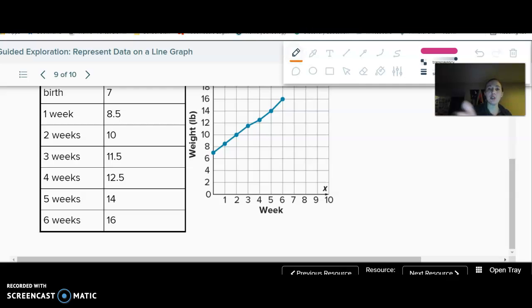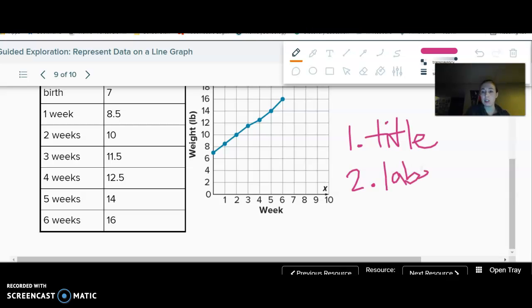Now, what I didn't have you write, but I want you to go ahead and write now, in maybe the top right or that blank space, but you might need the blank space for something else. So, our first step is to give it a title. Our second step is to label the X and Y axis.